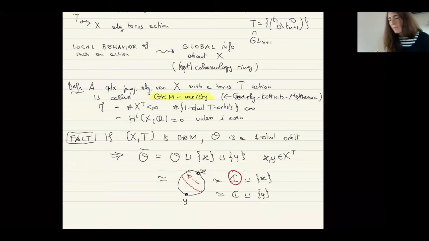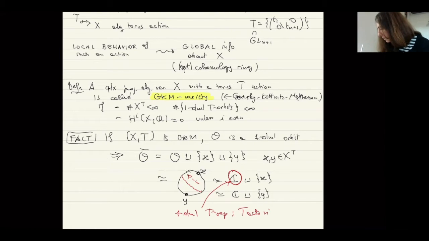That's a one-dimensional representation of the torus. So the torus has to act on it by a character. So that's a one-dimensional T-rep, meaning that the torus acts by a character.